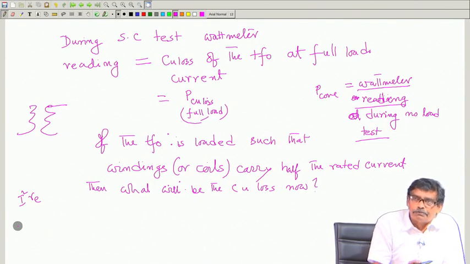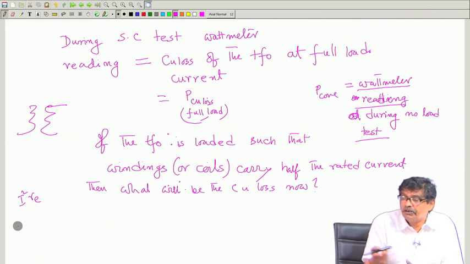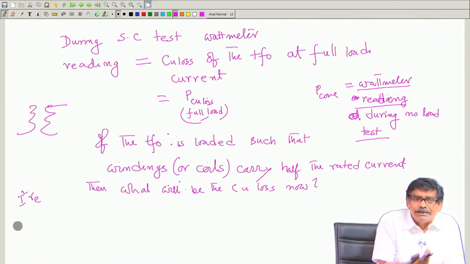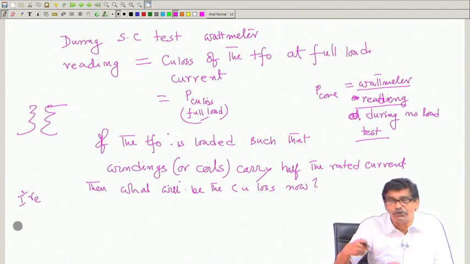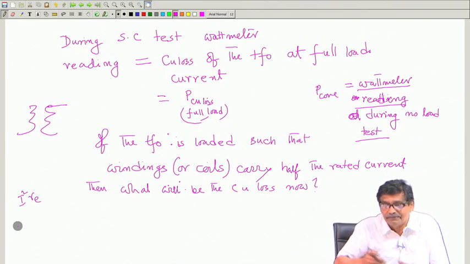So, I will try to exploit this simple equivalent circuit. No point in separating R1 and R2, because from open circuit and short circuit test you cannot separate R1 and R2. It comes as R_e1 as a package, R1 plus a squared R2, or R2 plus R1 by a squared.